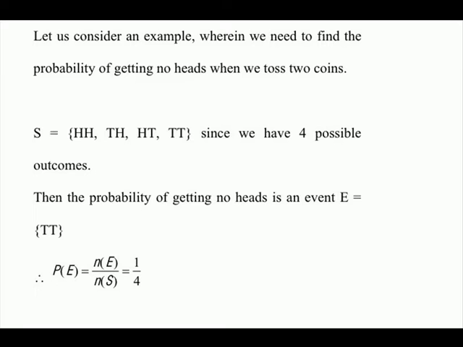Okay, taking on a little more complex example. If you think this is complex, you have to see what's coming next. But anyways, this is an example where we need to find the probability of getting no heads when we toss 2 coins. So in this case, we are tossing 2 coins at the same time.